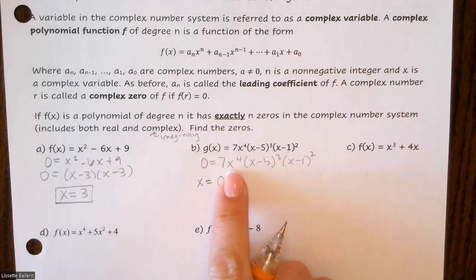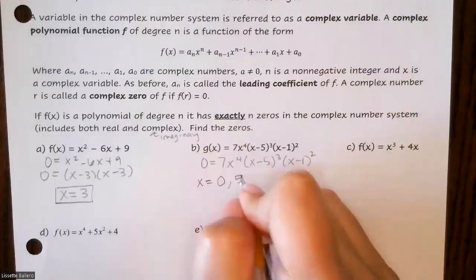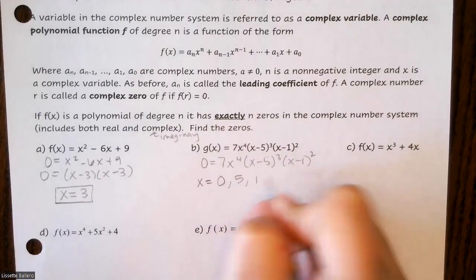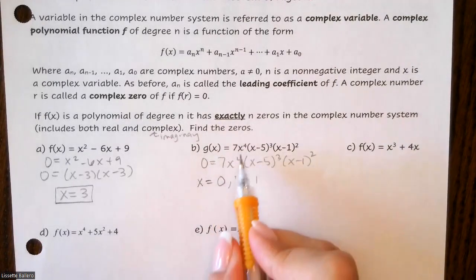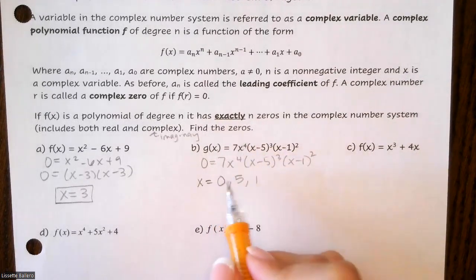We don't usually write that as x minus 0 to the 4th power, but you can think of it that way when you think about your factored form, x minus a root. The next one would be 5, because 5 minus 5 makes that 0, and our last one here would be 1, because 1 minus 1 makes that 0. And so this right here has a multiplicity of 4, so remember that's going to be tangent there.